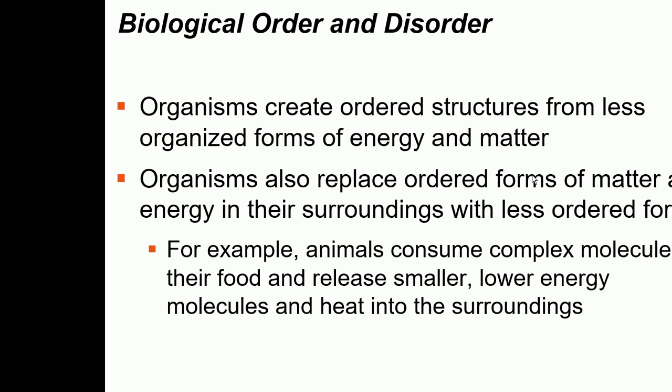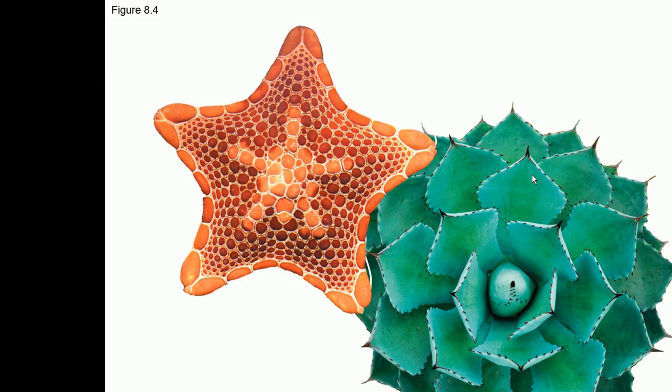Basically, there are not only anabolic reactions going on, there are many catabolic reactions also going on. And all those reactions are releasing heat. So there is a lot of heat being released into the surroundings, and that is increasing the chaos, the disorder in the universe, and the overall entropy is being increased.